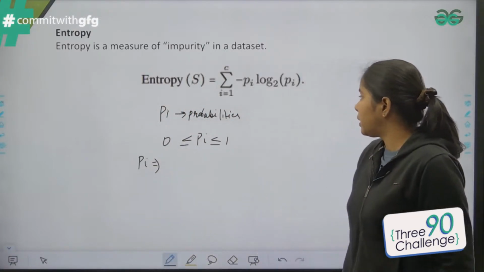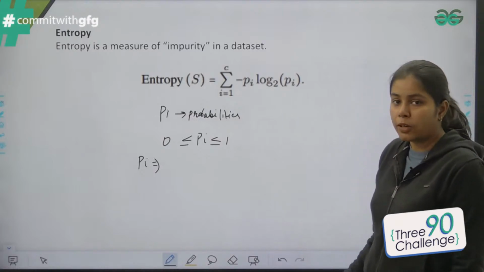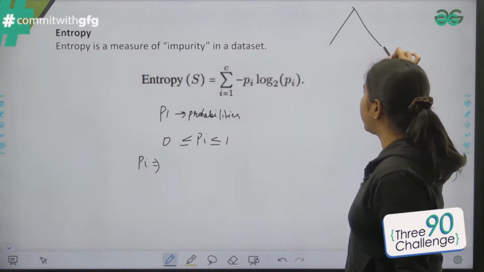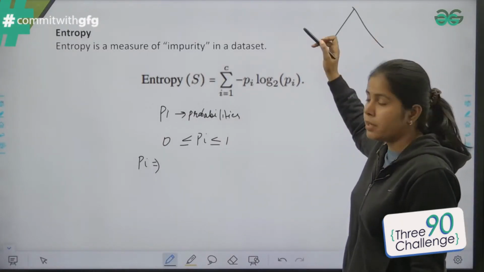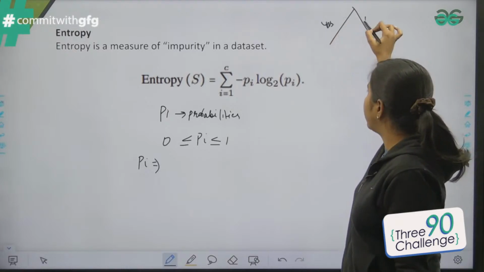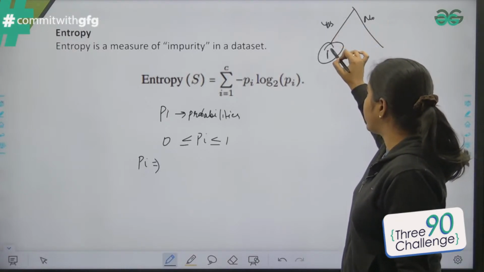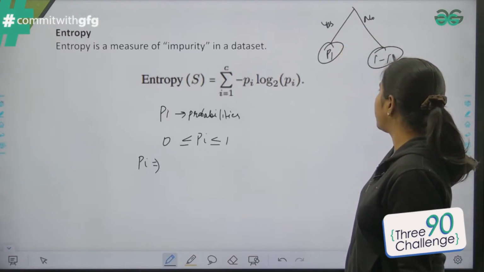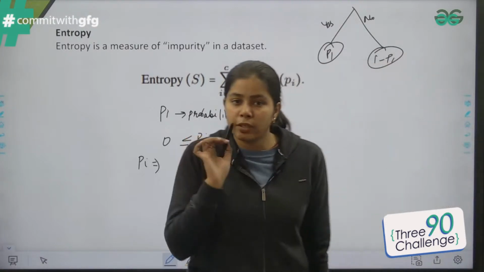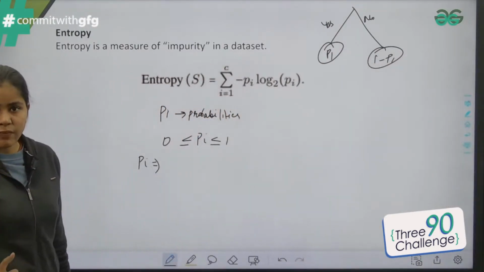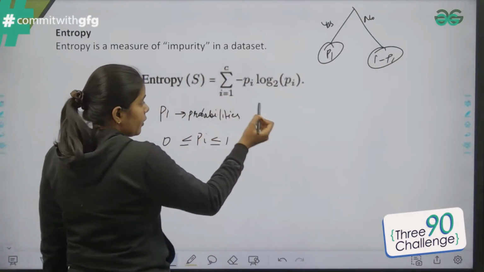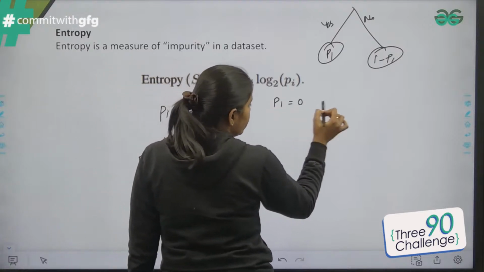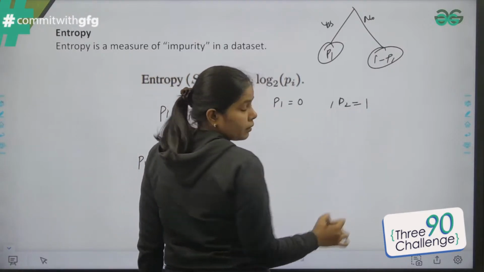All Pis cannot be 0, because let's say I am dividing it into binary classification, either yes or no. So if this is P1, then this would be 1 minus P1. So if P1 is 0, then P2 would be 1 minus 0, that means 1. So you can see that if P1 is 0, then P2 would be 1, right?